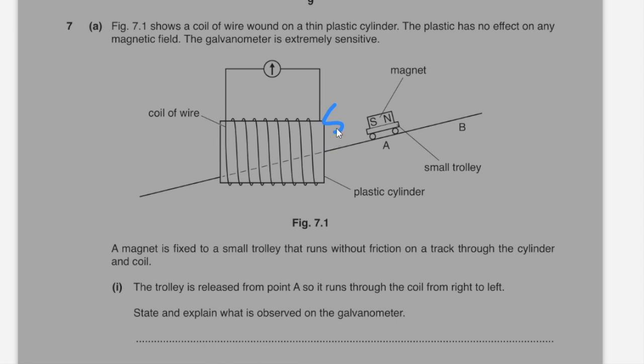And this is happening because, once again, according to Lenz's law, induced current always flows in a direction such that it opposes the change producing it. So basically, the movement of this magnet is the change, and it's producing the current. And that current in turn gives a magnetic field to the coil, and this would also then have south and north poles.